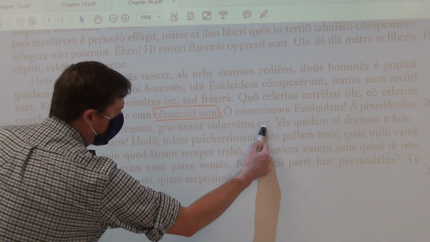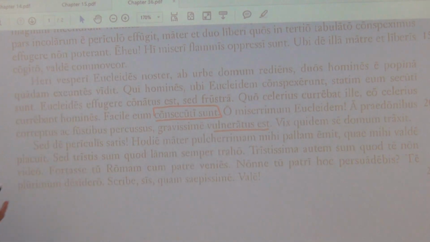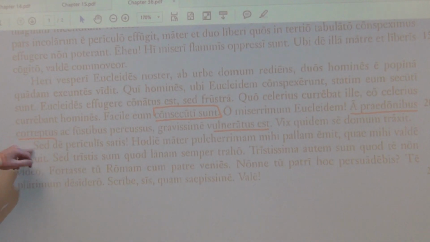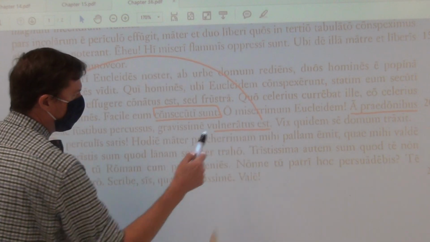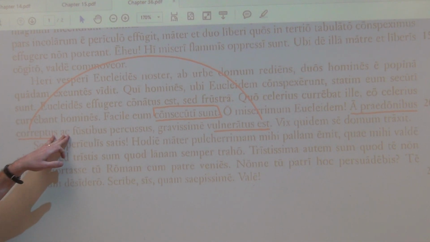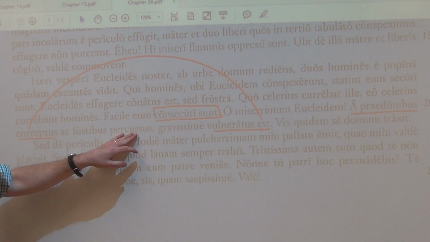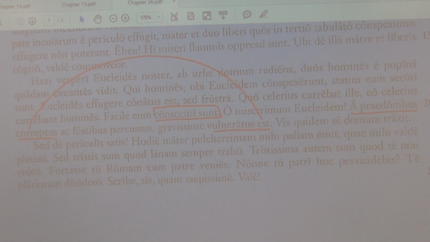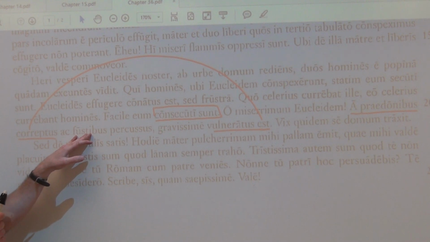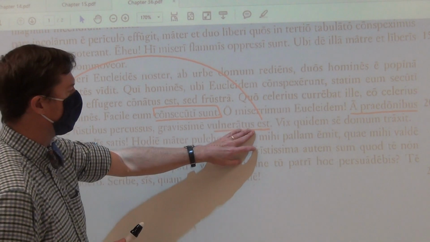He, that's our subject of vulneratus est, he has been wounded. But which he? The one. Having been grabbed, corripio corripere, by the robbers, perfect passive participle, modifying our understood subject he, meaning Euclides, having been grabbed by the robbers, and having been struck, percutio percutere percussi, like a percussion instrument, by the clubs, their billies, their bats, he was wounded, has been wounded.